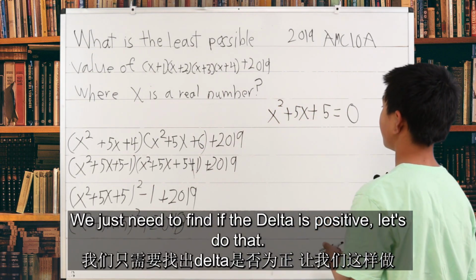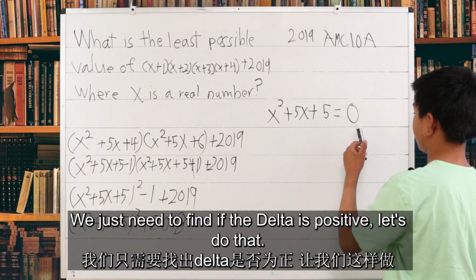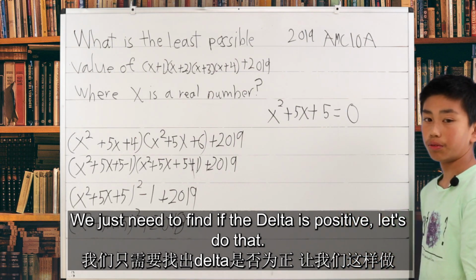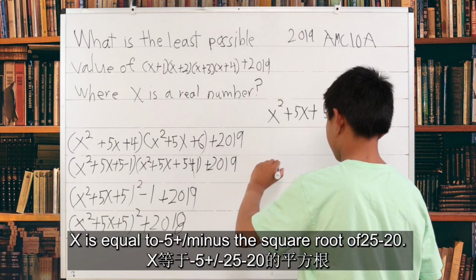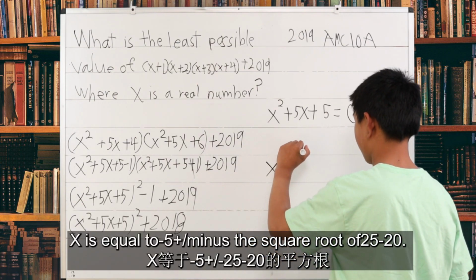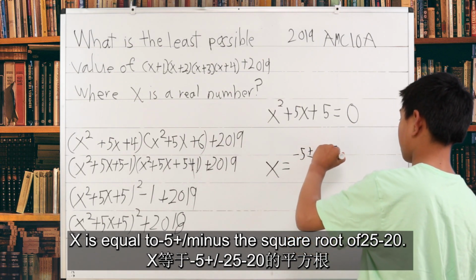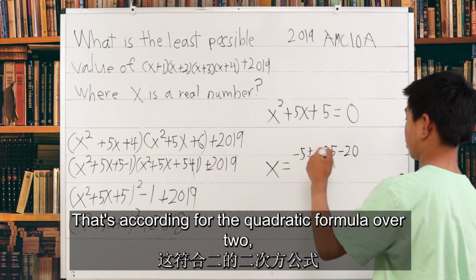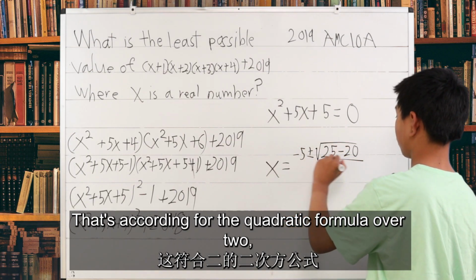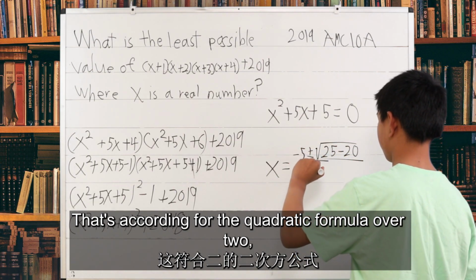We just need to find if the discriminant is positive, so let's do that. x is equal to negative 5 plus or minus the square root of 25 minus 20, according to the quadratic formula, all over 2.